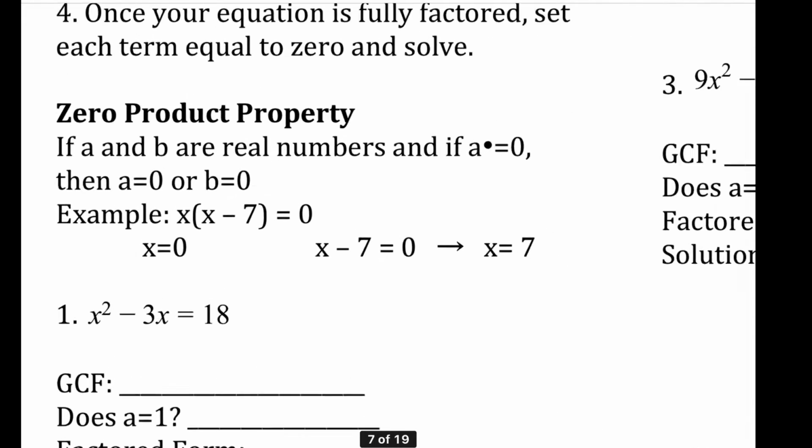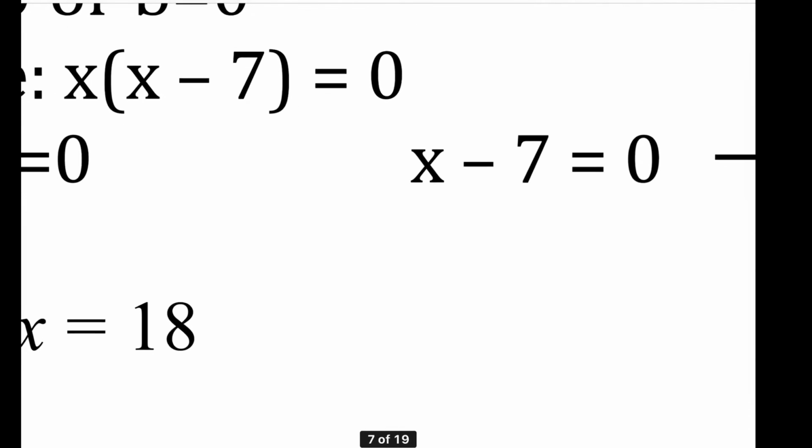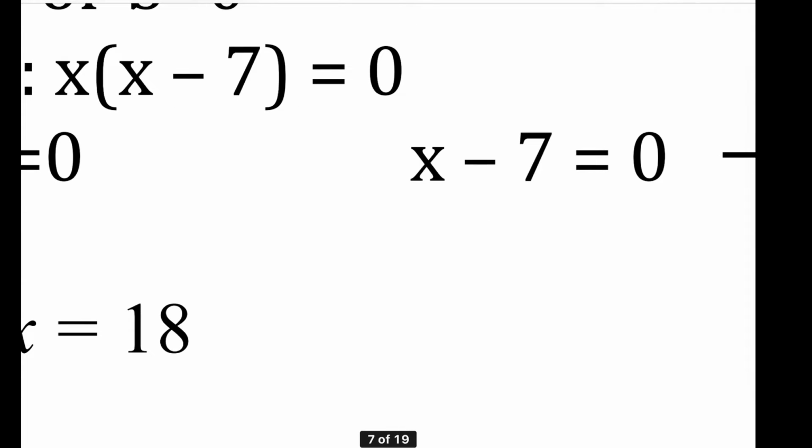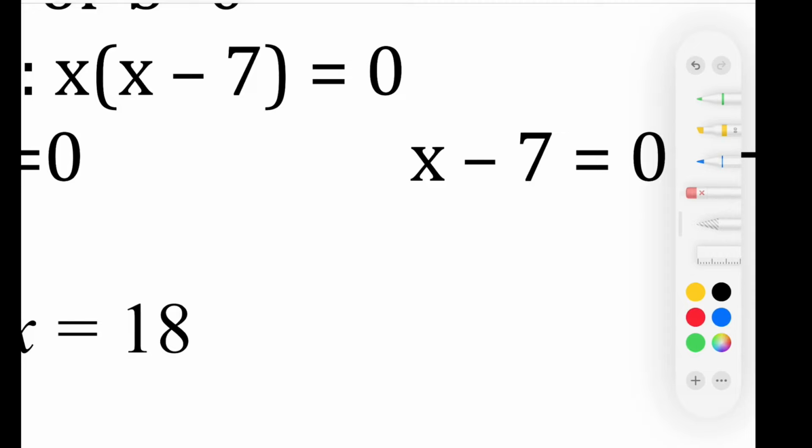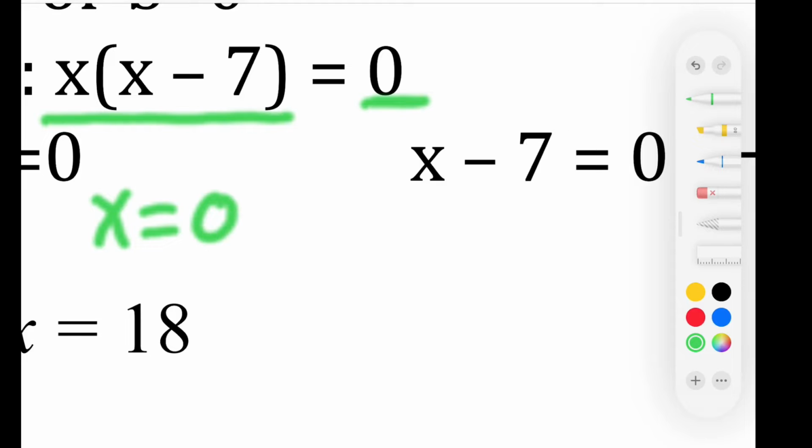Basically what this is saying is that if we ended up with x times (x minus 7) equals 0, we would have the outside equal to 0, or the inside equal to 0.